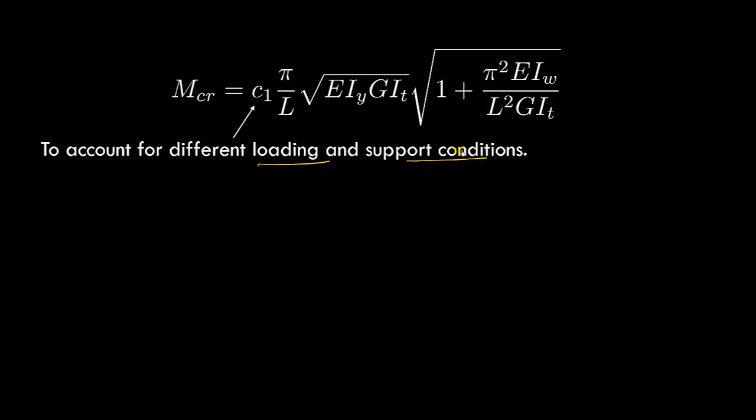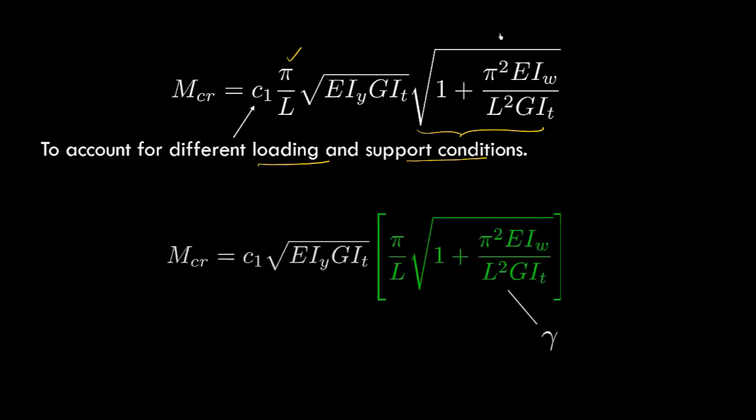Now if you see this expression, C1 is a constant. We can also find another constant: this term is a constant and this pi by L is a constant. So if I multiply pi by L with this term, I can write it like this. This is a constant; let's call this constant gamma.